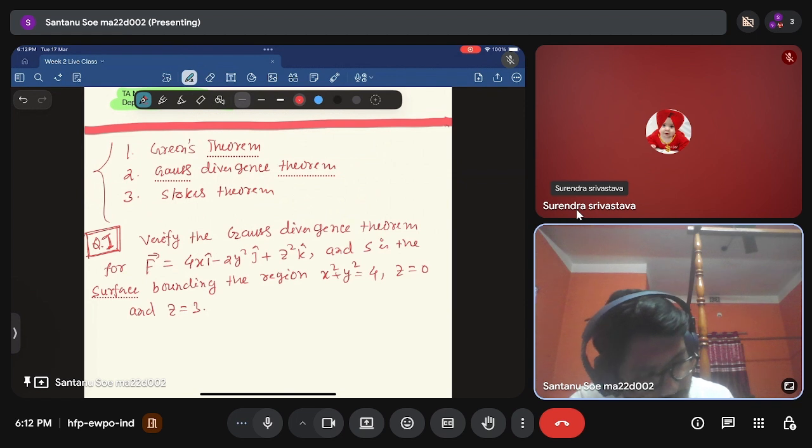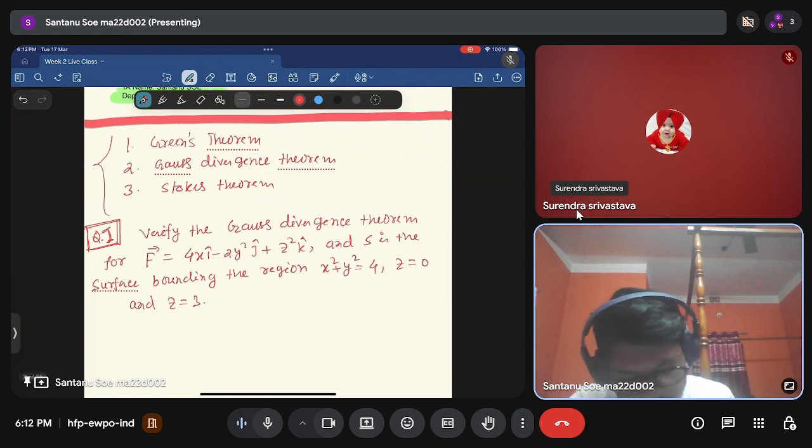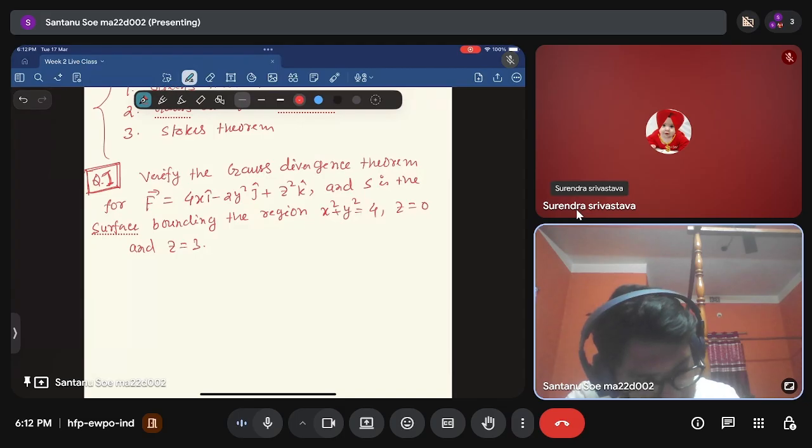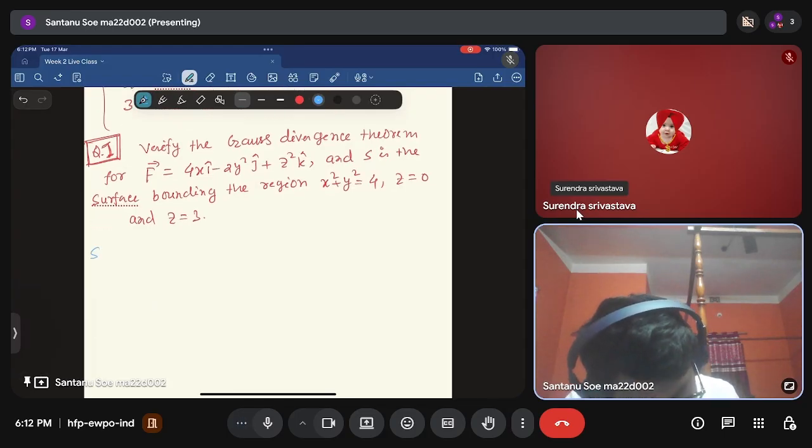Okay, so now we're gonna solve this question. This is just to verify the Gauss divergence theorem. So first we'll write the Gauss divergence theorem, and then we're gonna verify both the left hand side and the right hand side. We'll do the solution step by step.